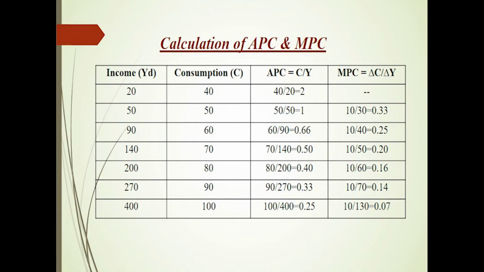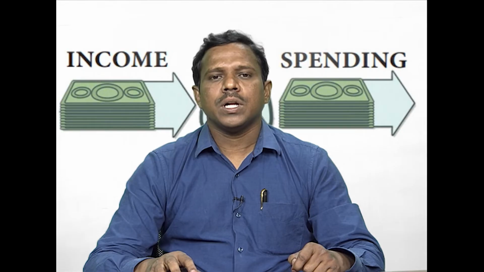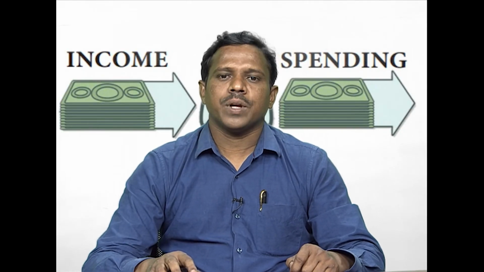It changed from 40 to 50, so the margin is 10, right. Coming to the income levels, 20 to 50, the variation is around 30 rupees, right. So, 10 divided by 30, we get 0.33 marginal propensity to consume.